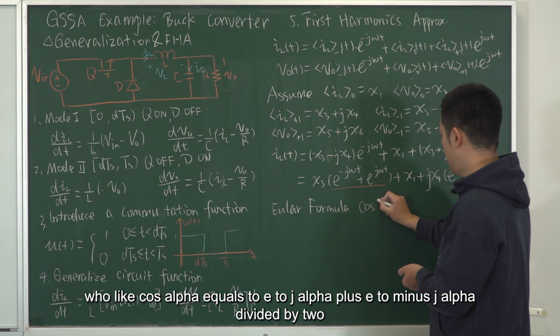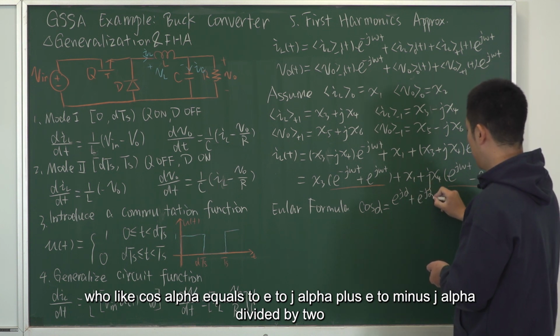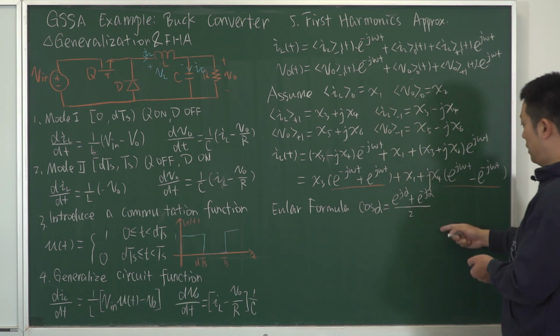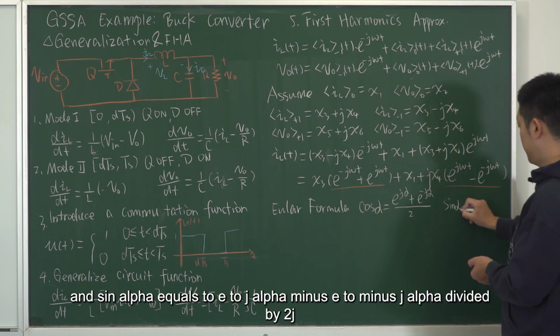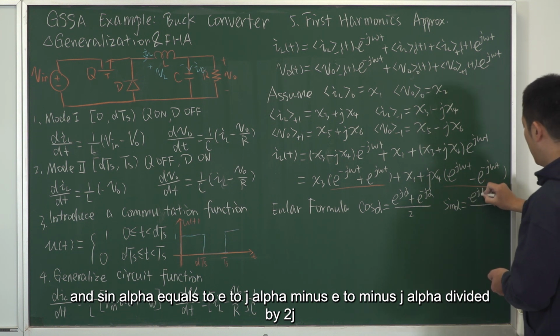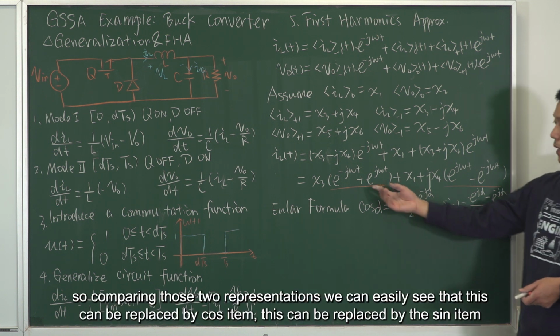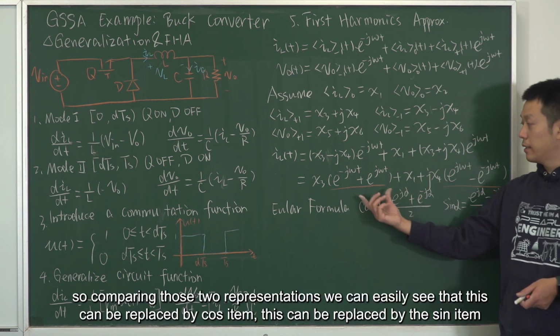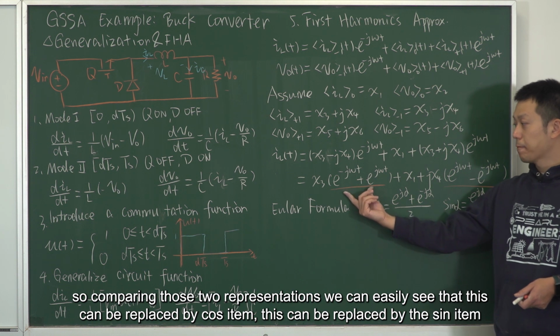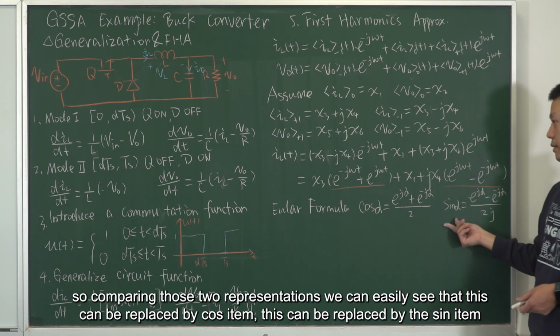So cosine alpha equals (e^(j alpha) plus e^(-j alpha)) divided by 2. And sine alpha equals (e^(j alpha) minus e^(-j alpha)) divided by 2j. So comparing those two representations, we can easily see that this can be replaced by the cosine item, and this can be replaced by the sine item, right?